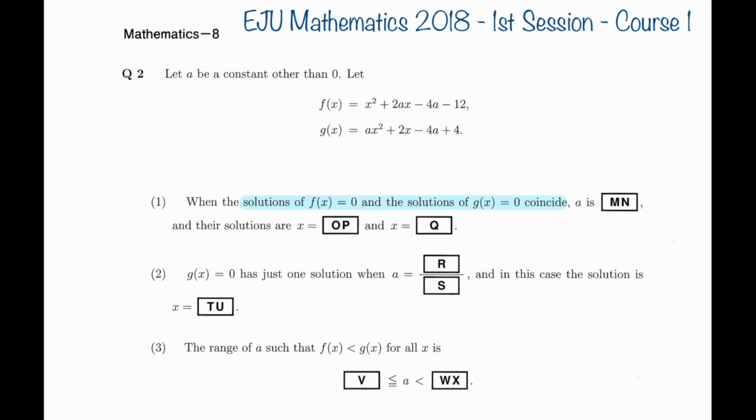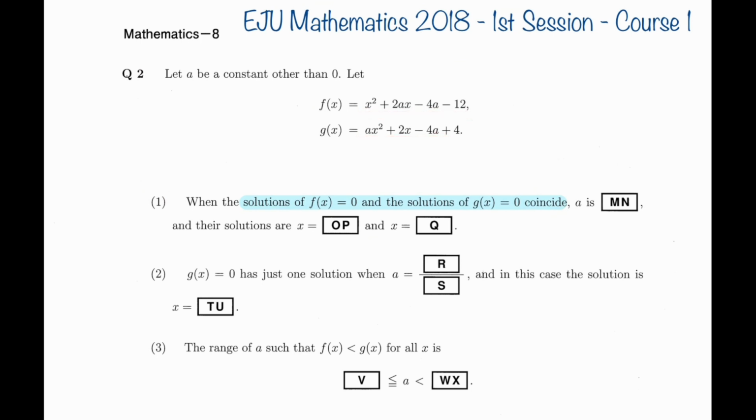Same thing for g of x equals to 0. So, since the solutions coincide, that means the x-intercept of both parabola is equal.